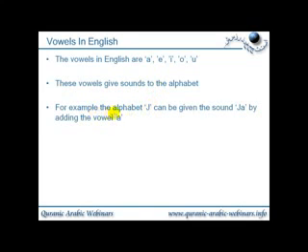For example, the letter J can be given the sound Ja by adding the vowel A. So here we're demonstrating that you have the actual letter, which is called J, and by adding a vowel, that's when you really get a sound. That is the purpose of vowels: they generally give sounds to your letters, or what are known as consonants.